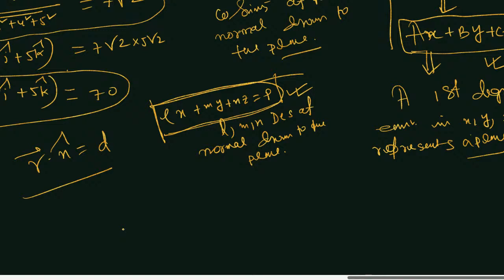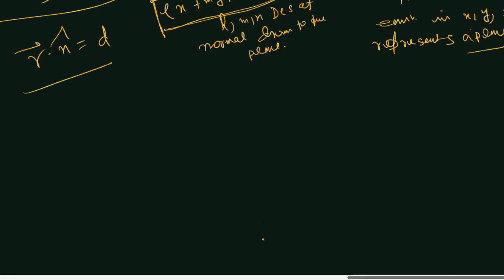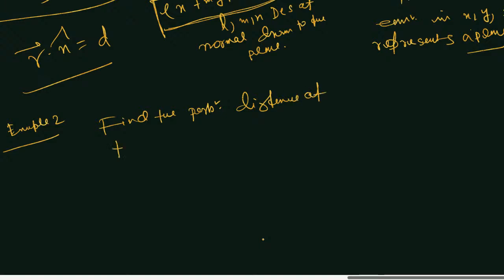Now let us make a few observations here. Suppose a problem is given this way: find the perpendicular distance of the plane x plus 2y plus 2z minus 10 equal to 0 from the origin.